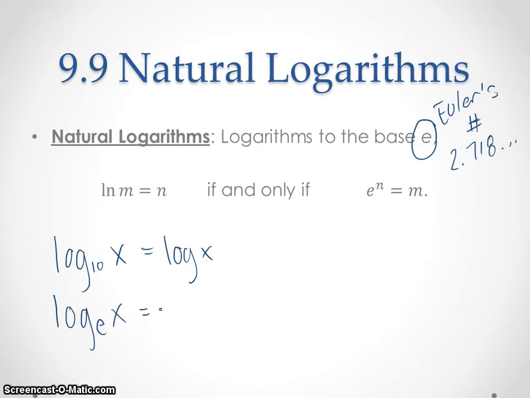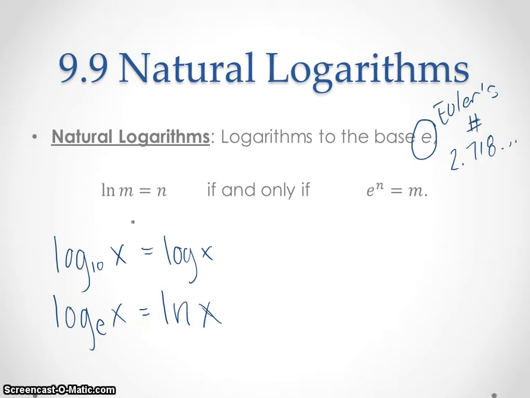These are also fairly common, so if we dropped the e it would look just like this, which would be a problem because we wouldn't know if it is 10 or e. So instead of log of x here, we'll say ln of x, which is supposed to stand for natural log of x. So don't read ln of x. Read it as its name, natural log of x, okay?